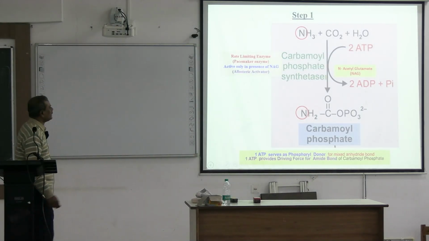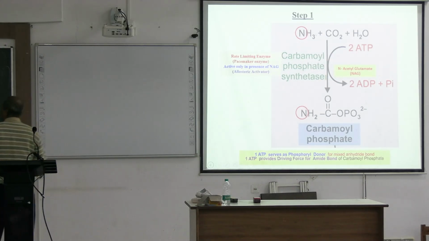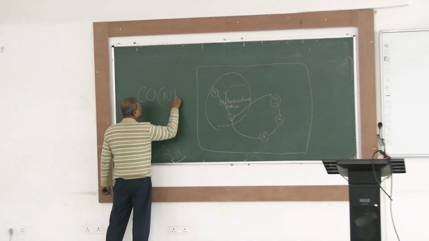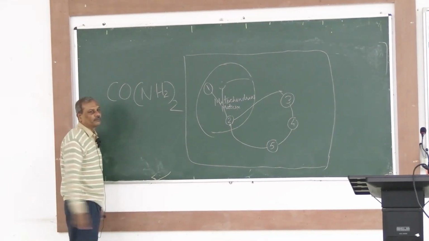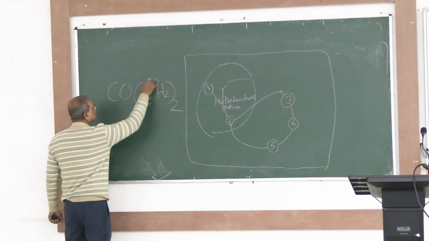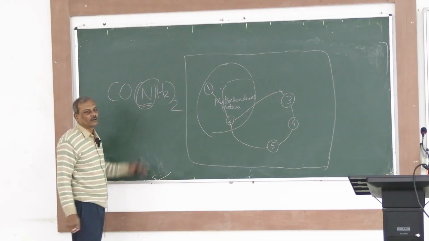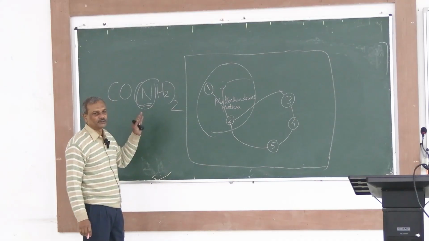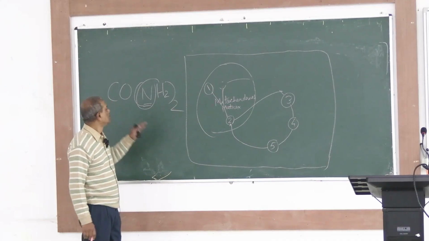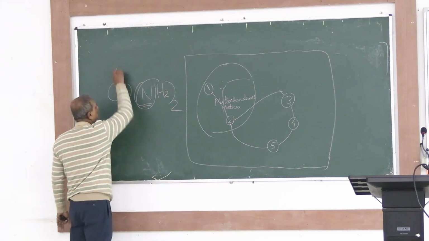Now you see the basic formula of urea, it is CO(NH2)2. That means it has 2 nitrogens. Now, where are these 2 nitrogens coming from? That is a big question. Who contributes, and where is C coming from?